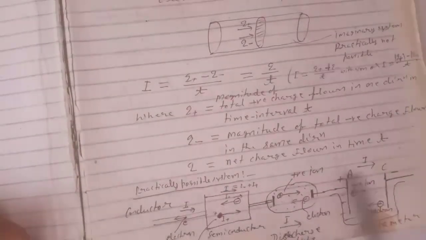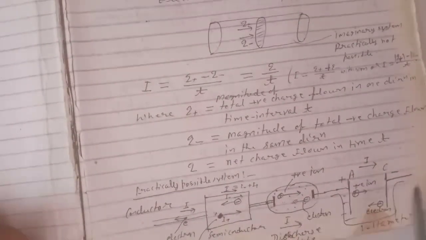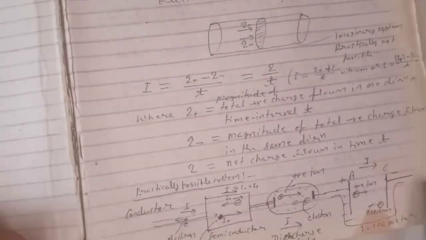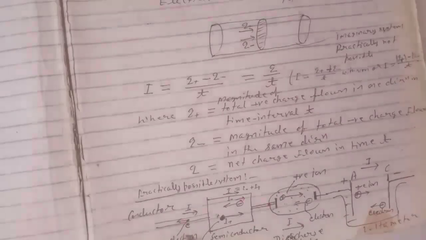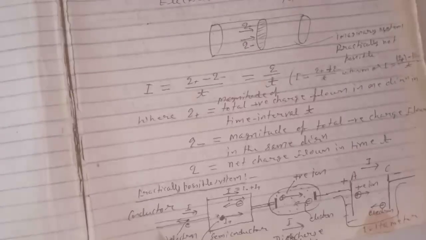Practically possible systems. Here some systems are shown where charge is flowing. For example, a conductor. In a conductor, electrons flow, and if the electron direction is this way, then the current direction will be the opposite way. That is, in a conductor, current is always opposite to the direction of electron movement.